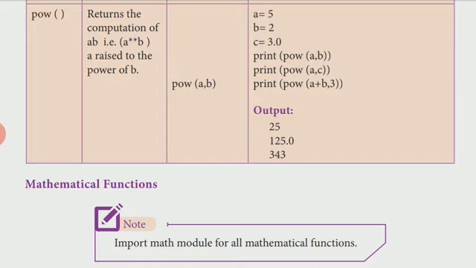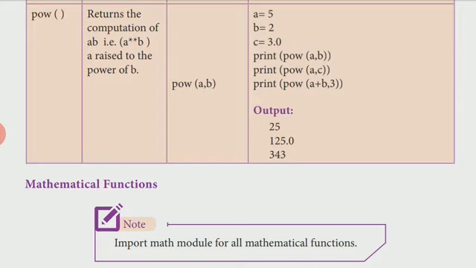That is, power of a comma b means a raised to the power of b, that we can write in a mathematical term. Normally we use a to the power b, but in computer terms we use a double star b, that is a raised to b. So it will return the power values.